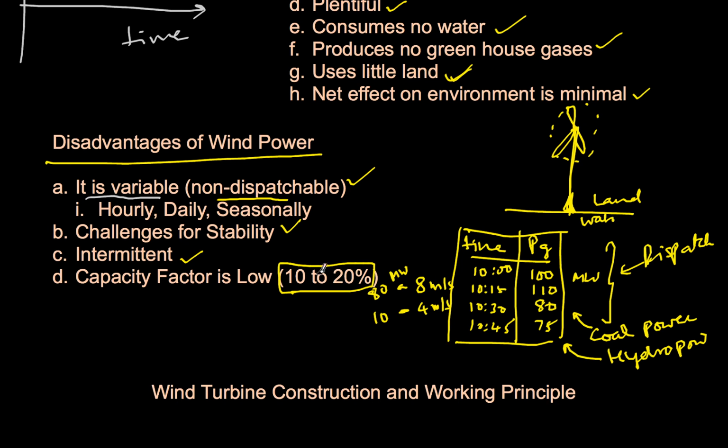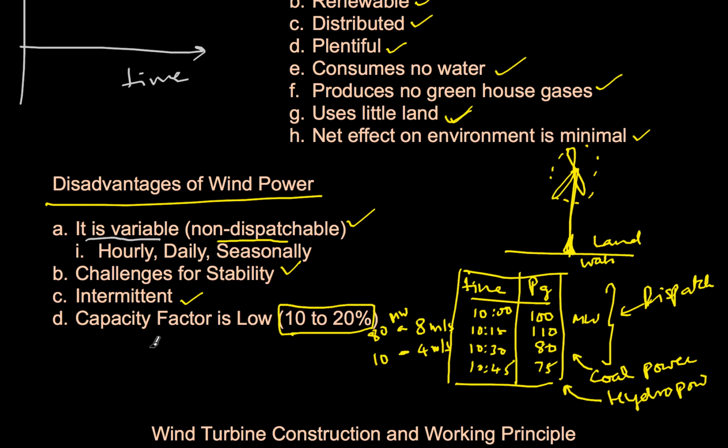What is the meaning of this capacity factor? In fact, we have a specific full calculation about this capacity factor later in this video. What we mean by capacity factor is, let's say I install a wind turbine and somebody says the capacity of this is 1 megawatt. This 1 megawatt is the capacity, but it doesn't mean it's generating 1 megawatt.